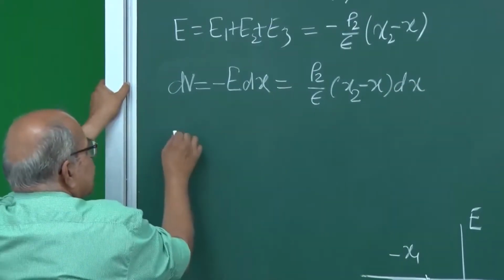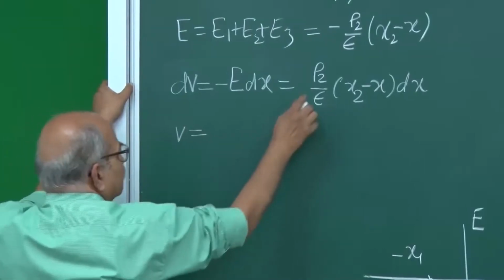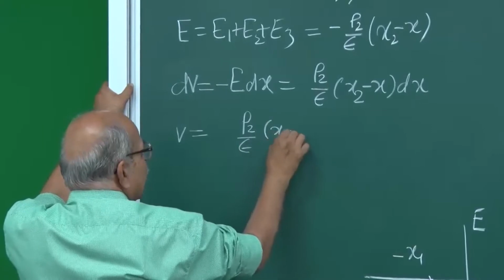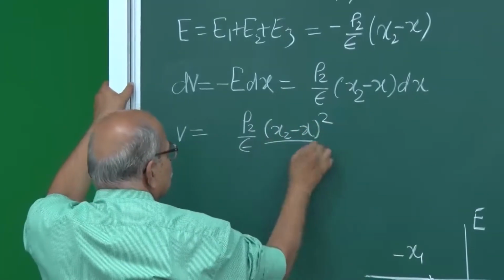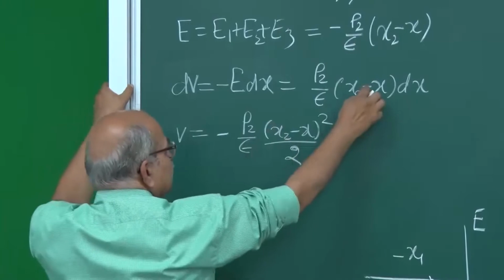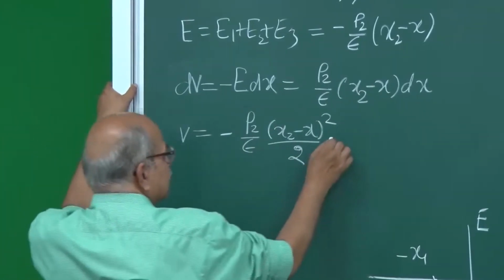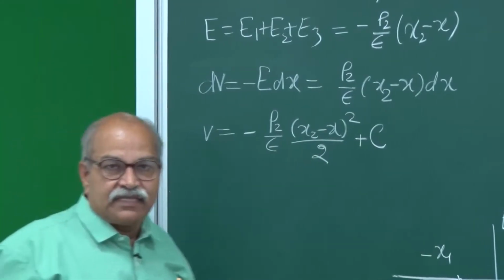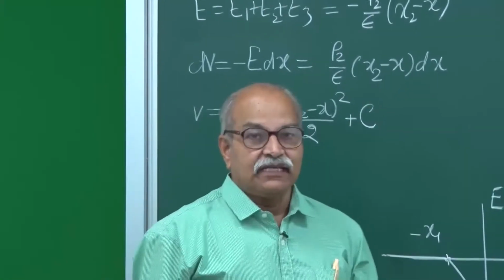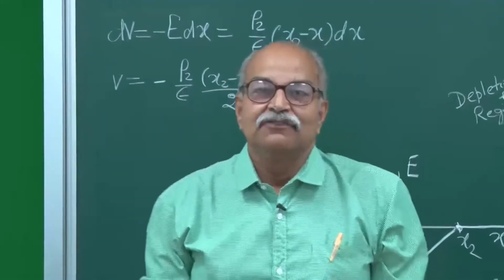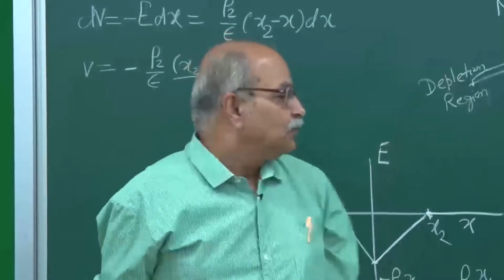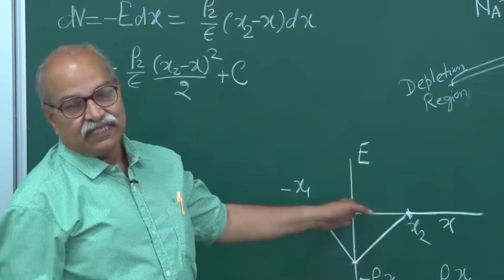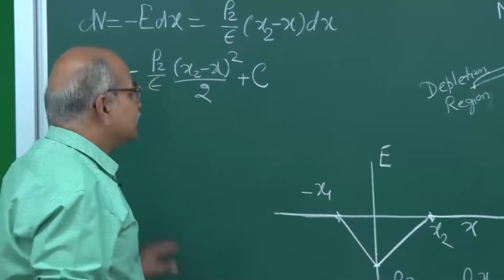If I integrate, you get V is equal to minus rho 2 over epsilon times x2 minus x whole square by 2, with a minus sign because of the negative sign here, plus some constant. That constant can be evaluated by choosing a point for V equal to 0. We take the junction point itself, x equal to 0, as the point where V is 0. That is our choice.